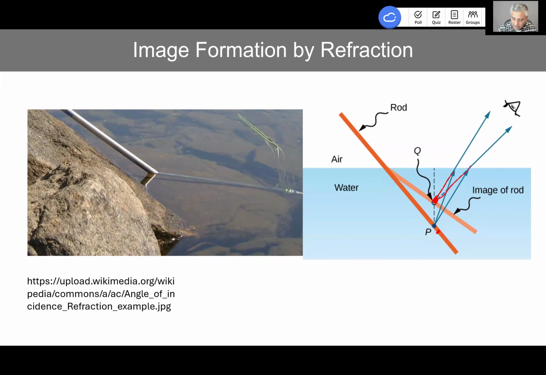And all the light that's getting out from each and every point over here is bending away from the normal, and that's why they look like that. So this is not the actual rod, rather it is the image of the rod that appears a little higher than it actually is. So it appears in a different place.